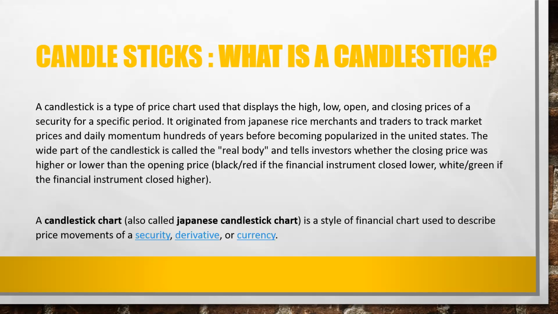Different candlestick colors tell us if one is a bullish candle or a bearish candle. A candlestick chart is also called a Japanese candlestick chart. It is a style of chart used to describe price movements of a security, a derivative, or a currency.